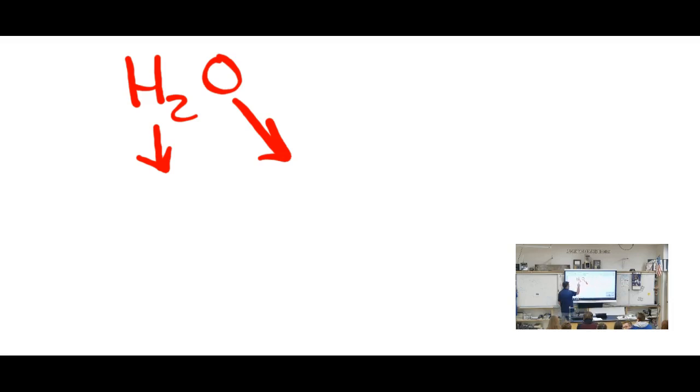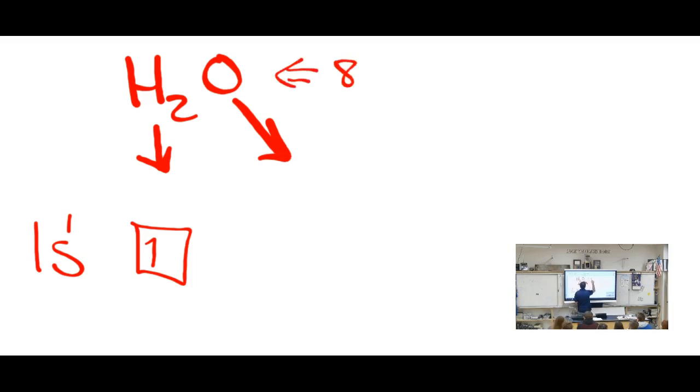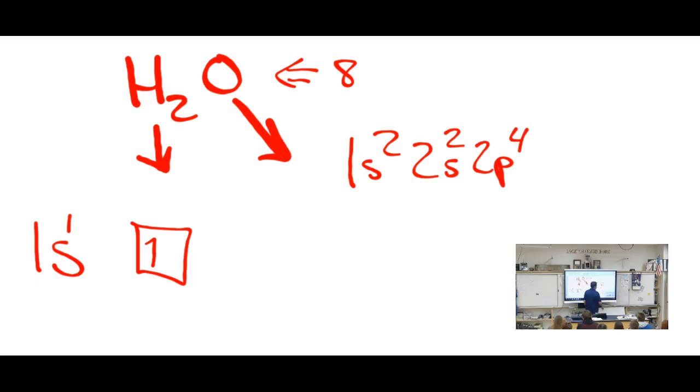If I were to draw the electron configuration for hydrogen, what would it look like? Nailed it. 1s1. If I were to draw the box, it would look like this. What would oxygen look like? 1s2, 2s2, 2p4.